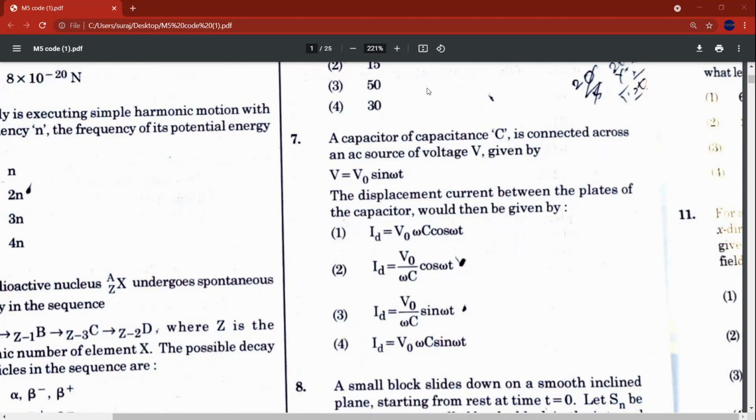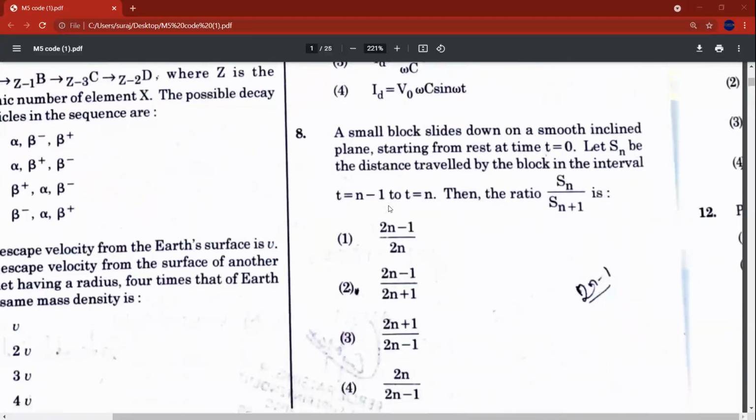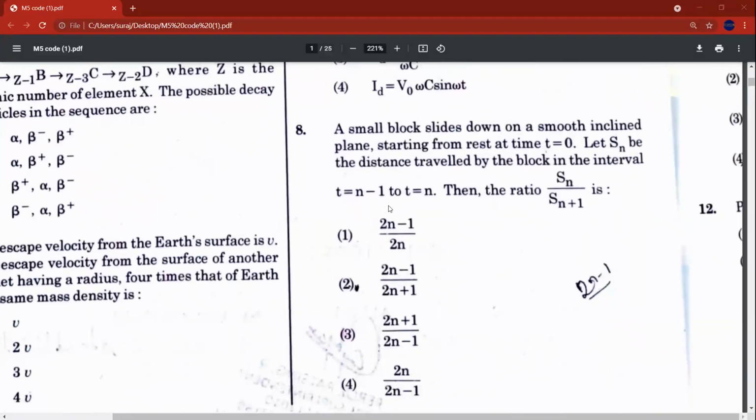Now coming to question number 8. A small block slides down a smooth inclined plane starting from rest at t equal to 0. Let Sn be the distance traveled by the block. Here there is one way to solve this question. You can assume n.